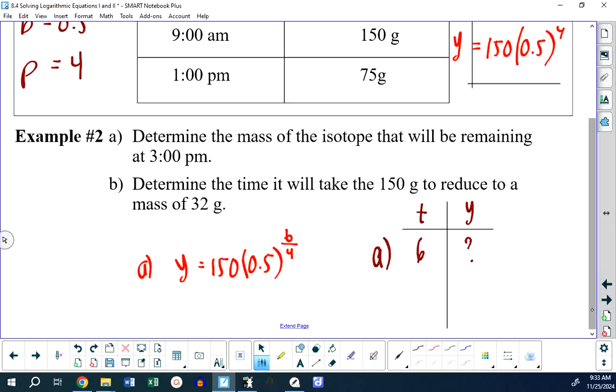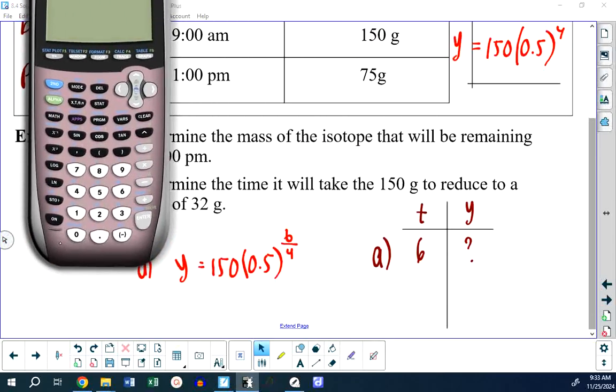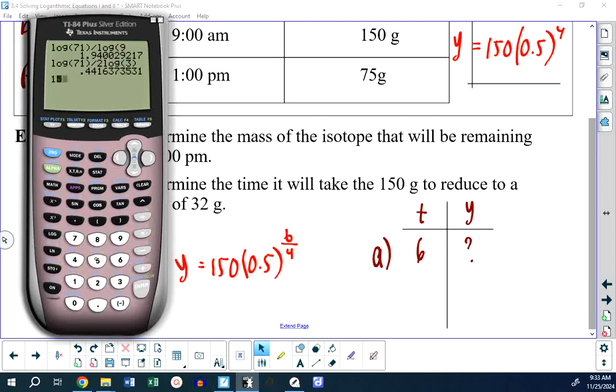We're just putting this into the calculator. Six over 4 is 1.5. Okay, 1.5. So about 53 grams.